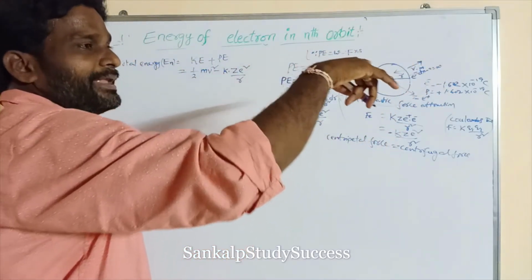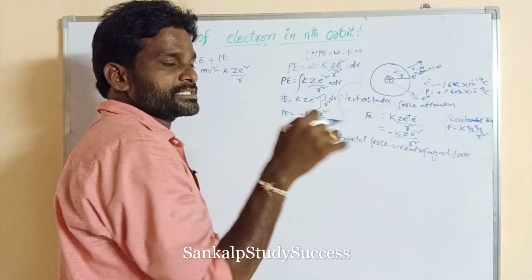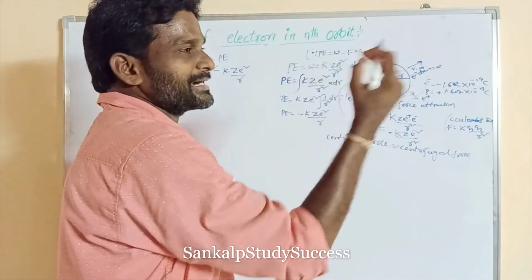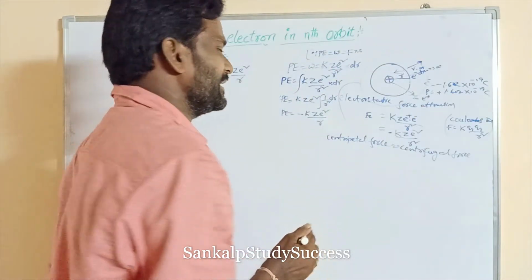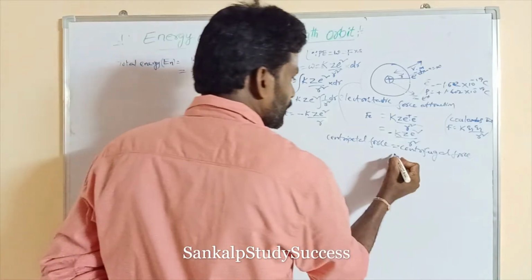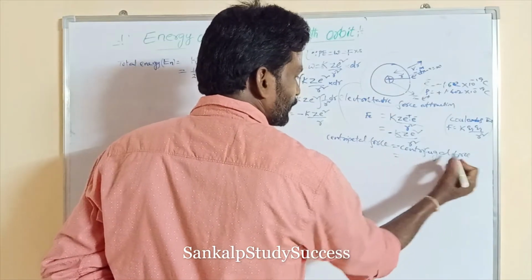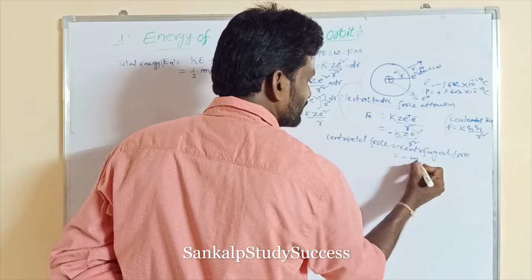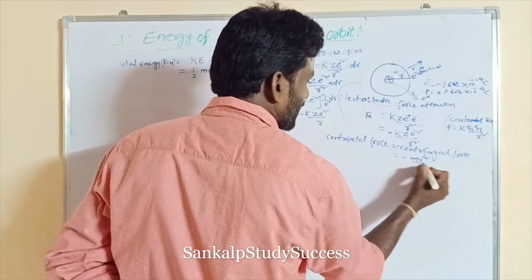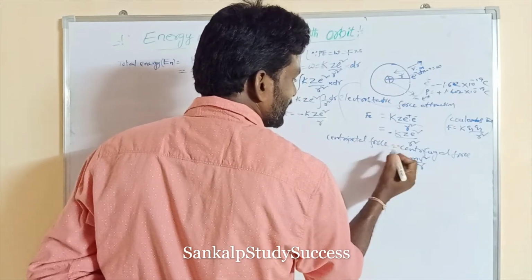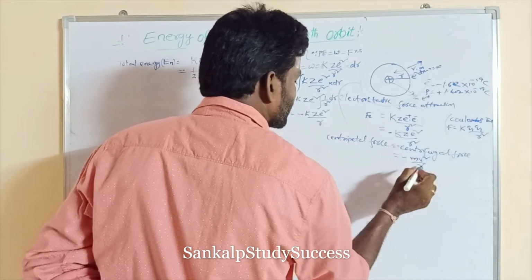Every rotating body has a centrifugal force, always acting away from the center, right? Now what is the formula of centrifugal force? mv square by r. These two forces are on opposite sides, so this can be taken as minus.